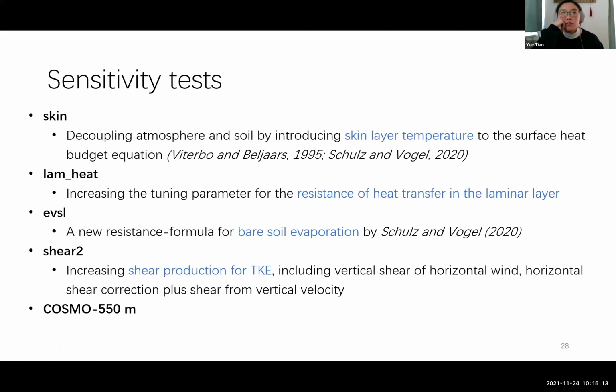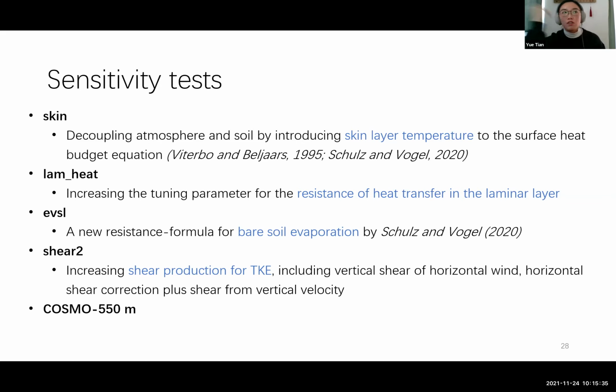And also, if we look at the potential temperature profile in the valley, we could see that in Cosmo 1, even during a foehn case, it is still weakly stably stratified.